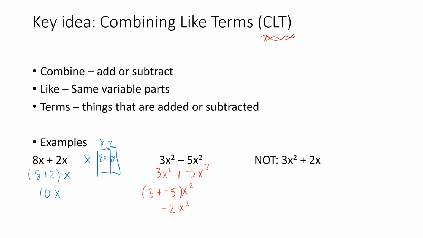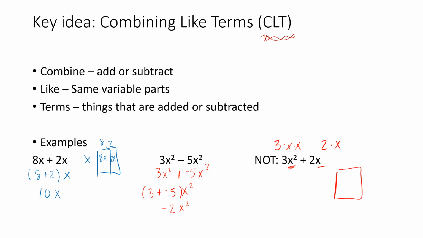Now, this next one, they are not like terms. So I have a 3x squared plus a 2x, and I have students all the time say, but they both have an x. Well, it is true that they both have an x, but they don't have the same x's. So this one has 3 times x, and this one only has a 2 times x. So they actually don't match, even though they both contain an x. If you tried to put that on a rectangle, it wouldn't work.